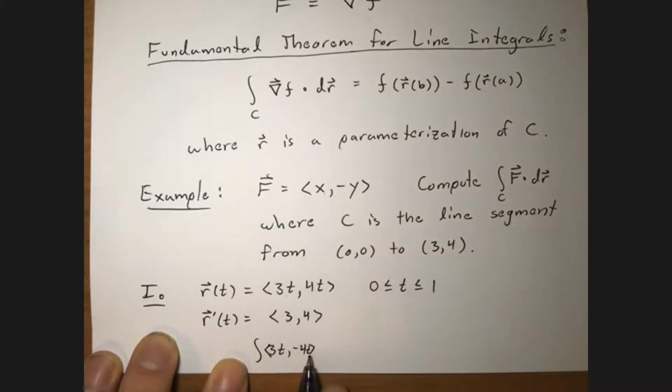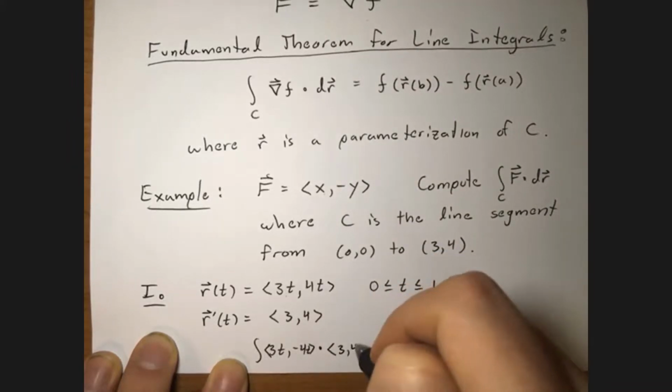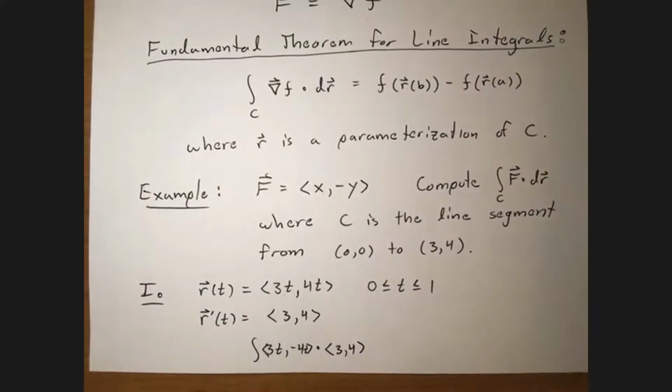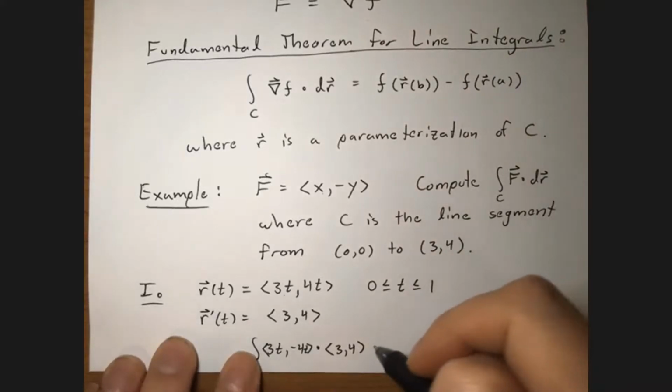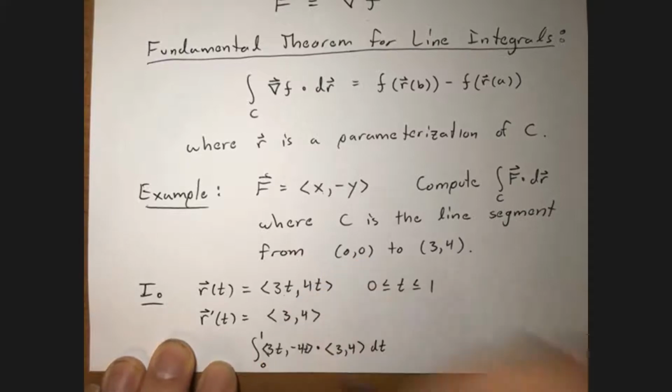That's a negative 4t with an angle bracket next to it. All right, and then I'm going to dot that with r prime, <3, 4>. I think I did that wrong. No? Wait, is that all right? No, that's fine. And I'm going to do dt, and I'm going to go from 0 to 1.